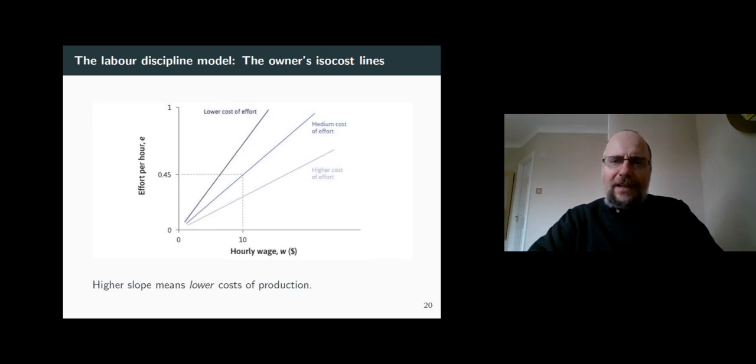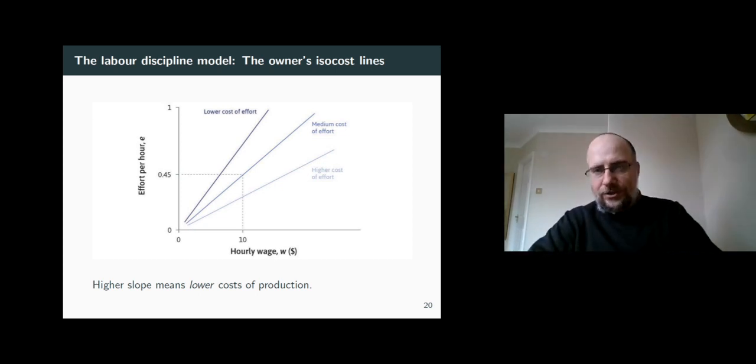But notice that there are many isocost lines for effort. Let's see their properties. Take, for example, a wage of 10. Let's focus on an isocost sitting to the right of our original isocost. An effort isocost that sits to the right means that for a wage of 10, the firm is able to extract lower effort from the worker. Notice also that this is valid not only for a wage of 10, this is valid for all possible wages.